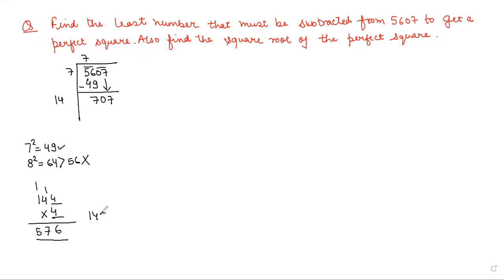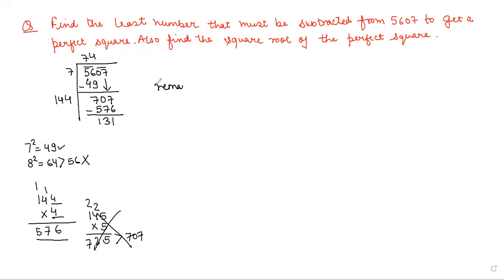Now check it for 5 also. 5 into 5 is 25. 5 into 4 is 20 plus 2 is 22. 5, 7. Now 725 is greater than 707. So we can't take 5. Now write 4 here and 4 as quotient also. On multiplying it, we get 576. Now subtract 576 from 707, we get 131.